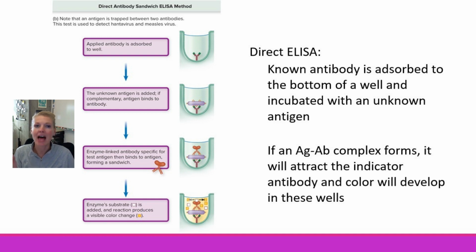Substrate is added, and a color change will develop if that antibody that has the enzyme is attached. And so we have a positive direct ELISA when there's a color change. So very similar to the indirect. It's just that with indirect, we have the antigen bound to the wells, and with a direct, we have the antibody bound to the wells.